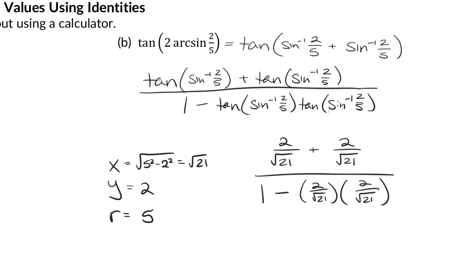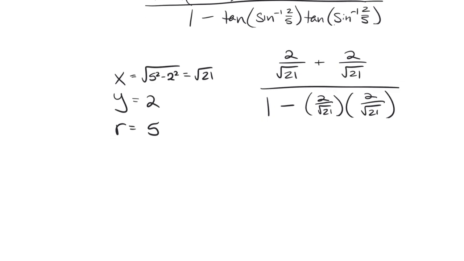You would not leave a final answer with radicals in the denominator, but we're going to leave it for right now and make sure we rationalize the denominator by the end. Let's clean this up a bit. You have 2 over square root 21 plus 2 over square root 21, so that's 4 over square root 21. Then you have 1 minus 2 times 2, which is 4, and square root 21 times square root 21, which is 21.